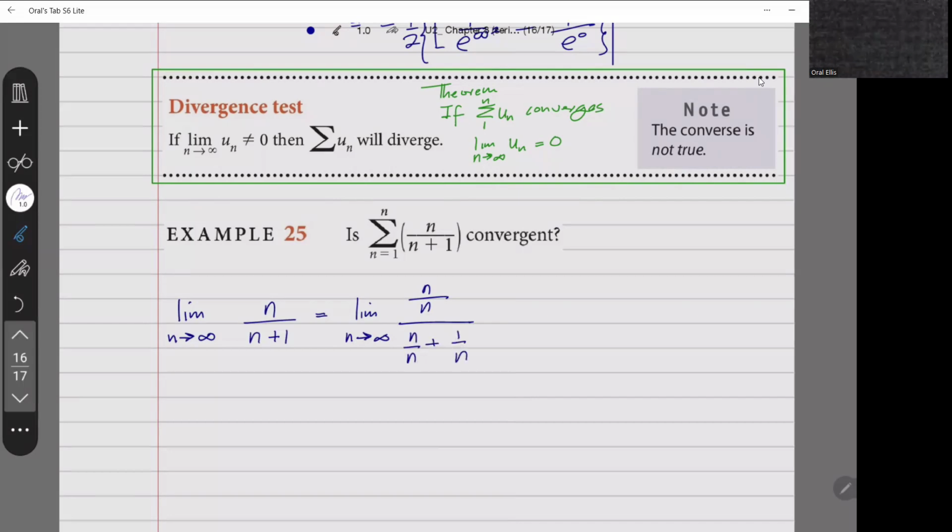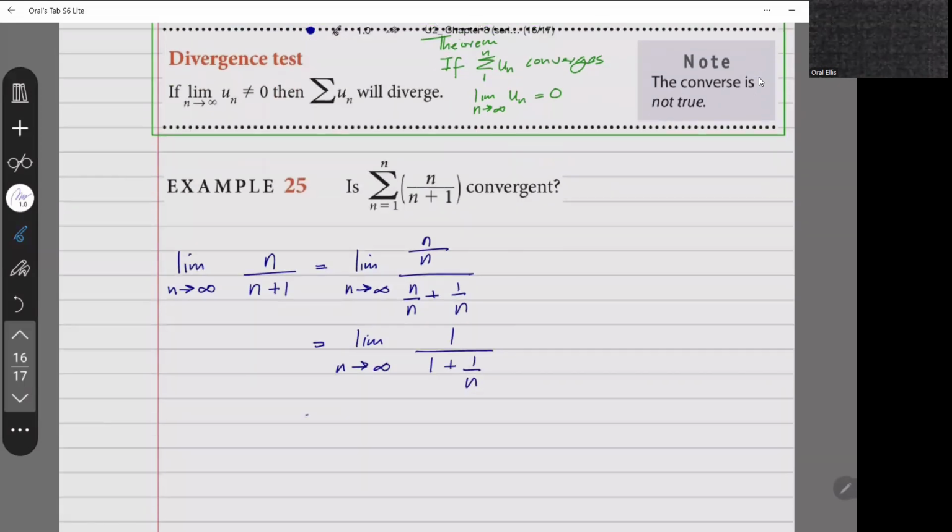In other words, I'm dividing the numerator and denominator by the highest power of n. This is the limit as n approaches infinity of 1 over 1 plus 1 over n.